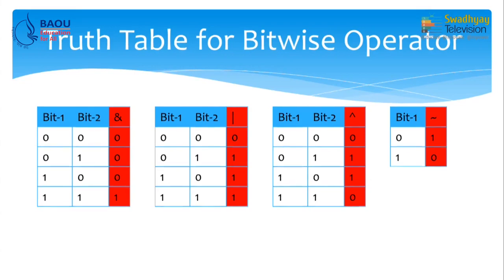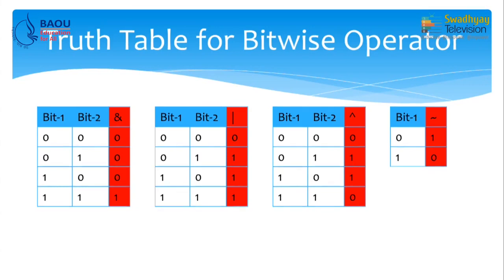In case of exclusive OR, if the bits are similar, we return 0. So, here 0 0 is the same, both bits are the same, so we return 0. Likewise, in the last case we have 1 1, so both bits are the same, so again we get 0.